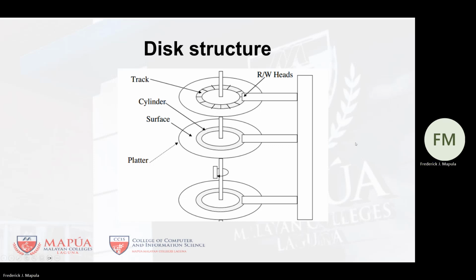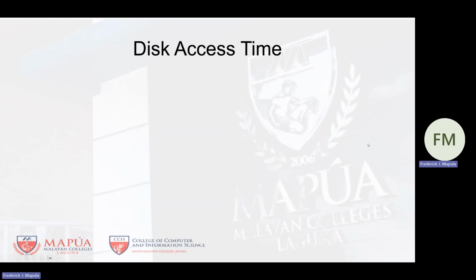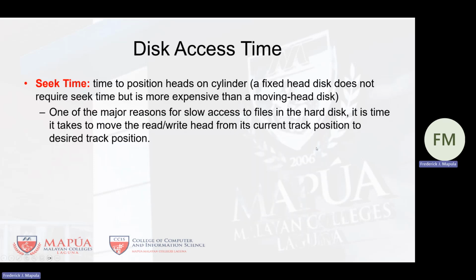Okay? So, this is access time. Seek time is the time to position the heads on the cylinder. A fixed head does not require seek time, but it is more expensive than a moving disk.